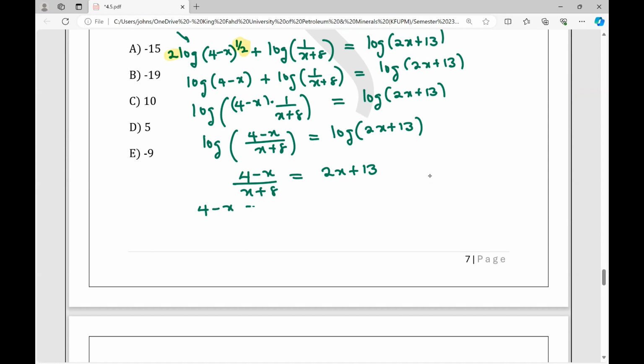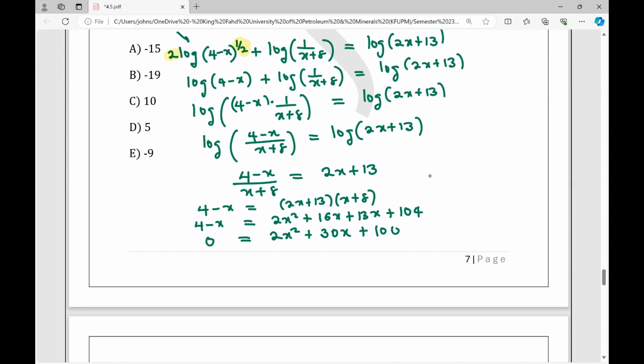So you have 4 minus x is equal to 2x plus 13 over x plus 8. So we have 4 minus x times x plus 8, this will give us 2x squared plus 16x plus 13x plus, I think, 104. Now we put everything to be equal to 0. This will be 2x squared plus, here is 16 plus 13, 29. We move x to this side. This will become plus 30x.